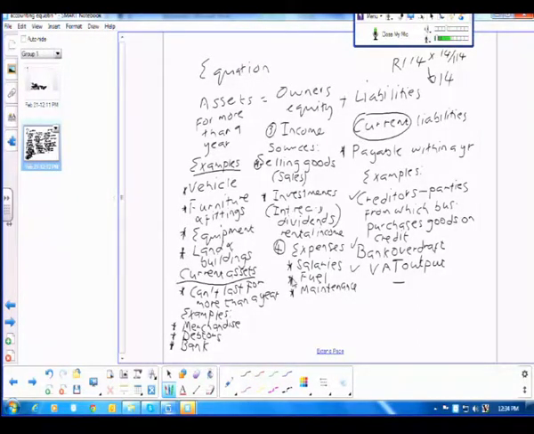Telephone expenses. But for those telephones to work, you need electricity. That's your expenses. And the municipality wants you to pay the rates and taxes.